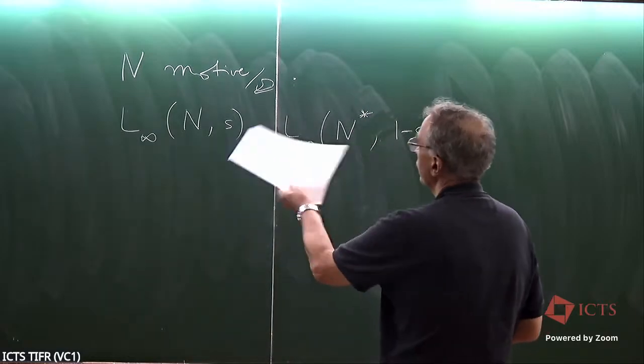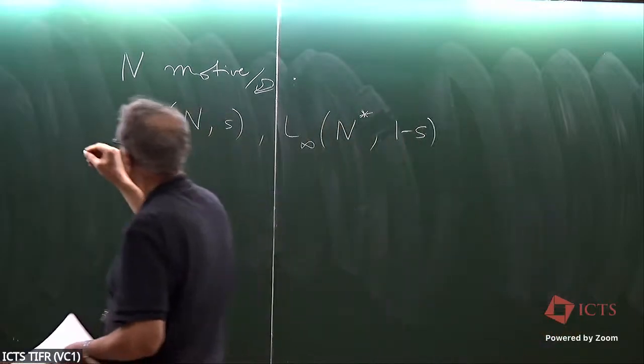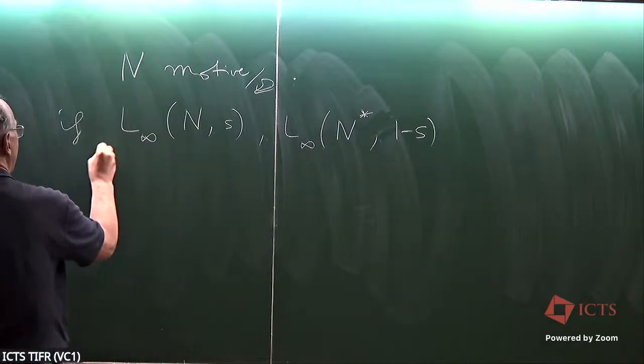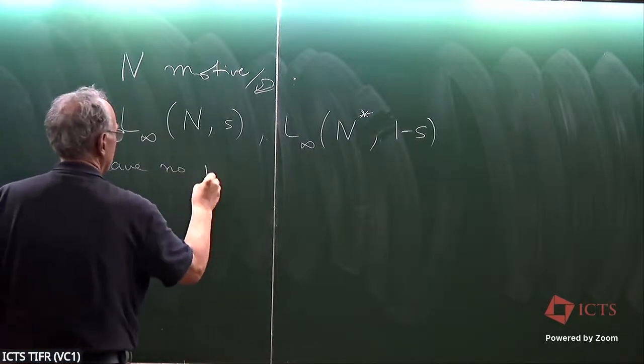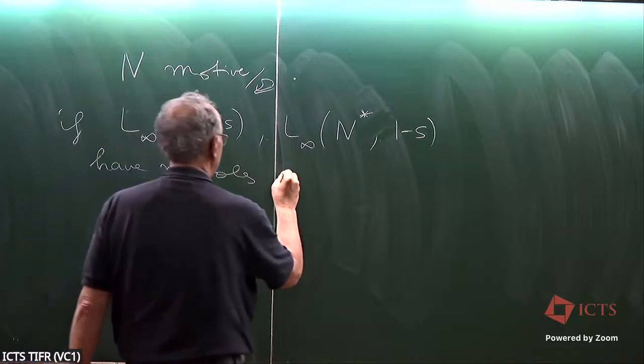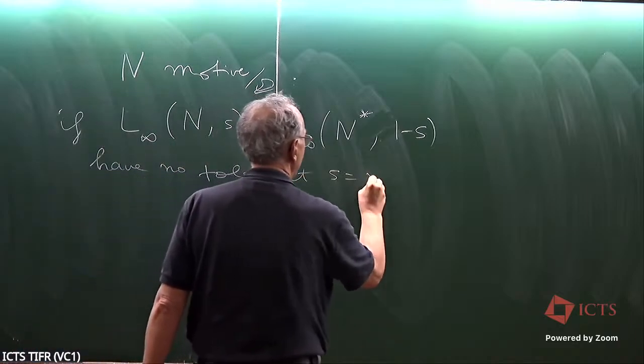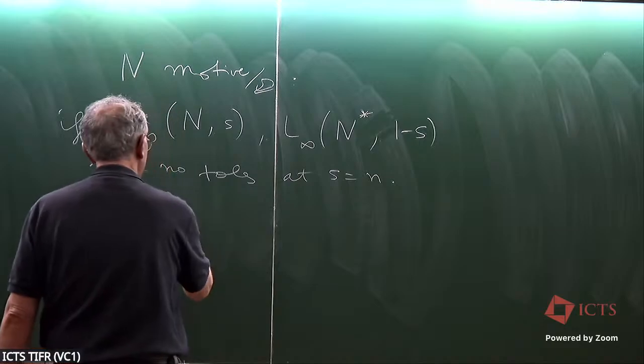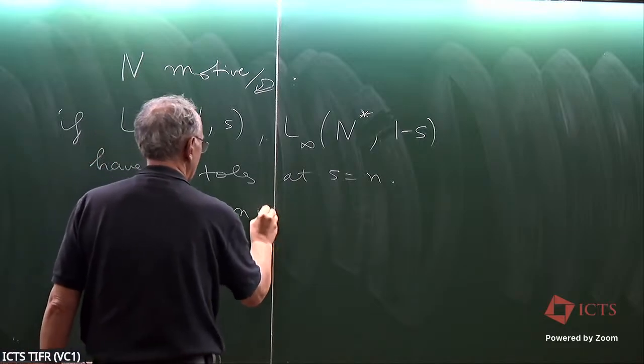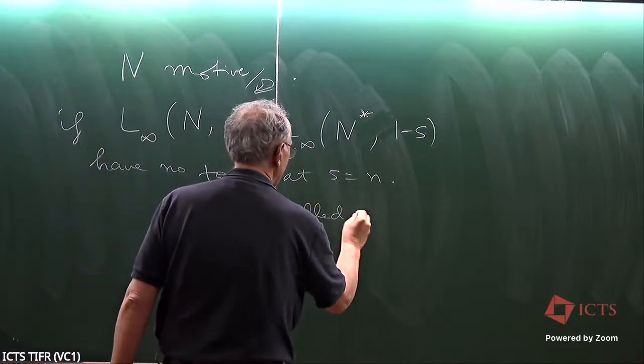They are products of gamma factors. If both of these functions have no pole at s equal n, then n is called critical for the motive.